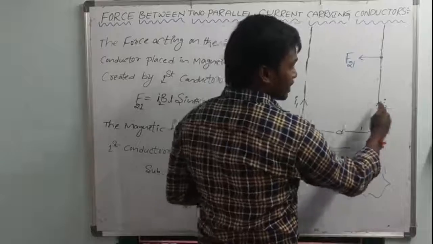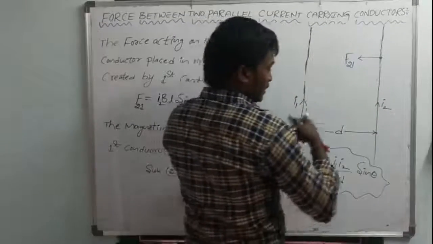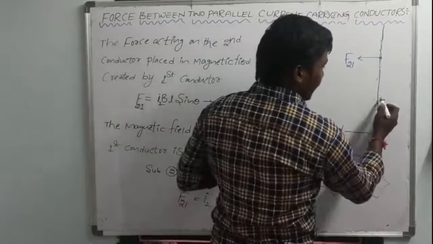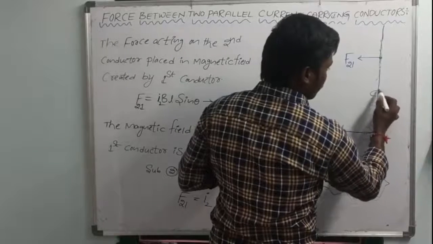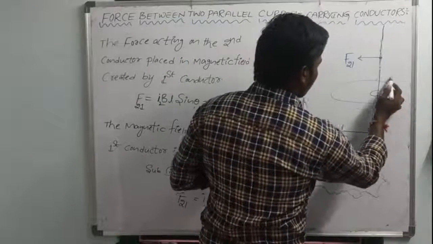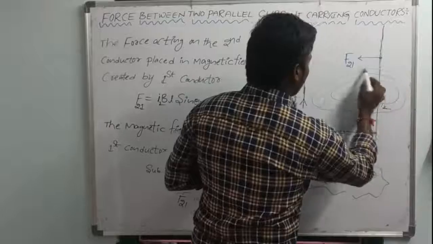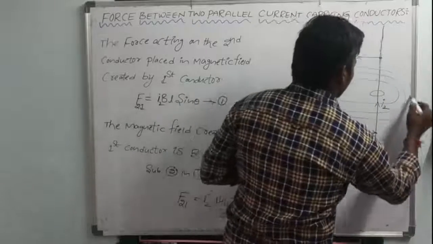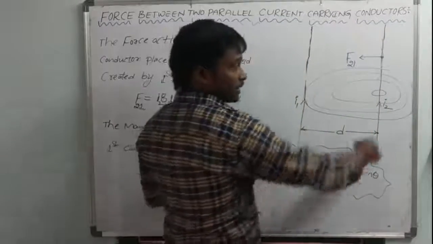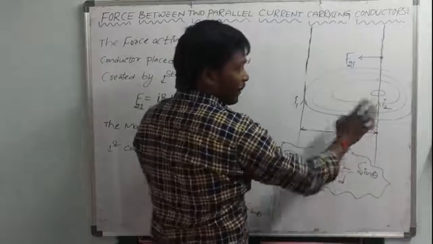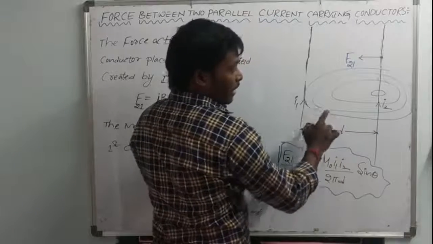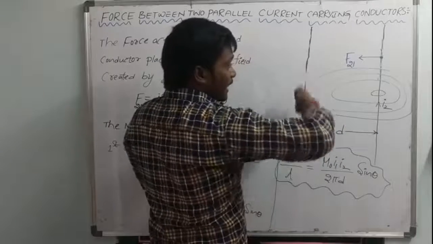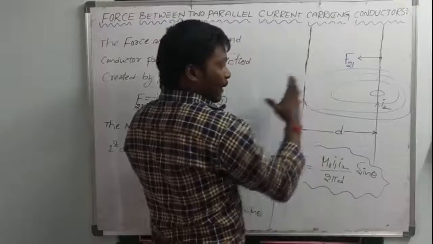I2. So this also will create a magnetic field. This current carrying conductor is producing a magnetic field, and this current carrying conductor is placed in that magnetic field.